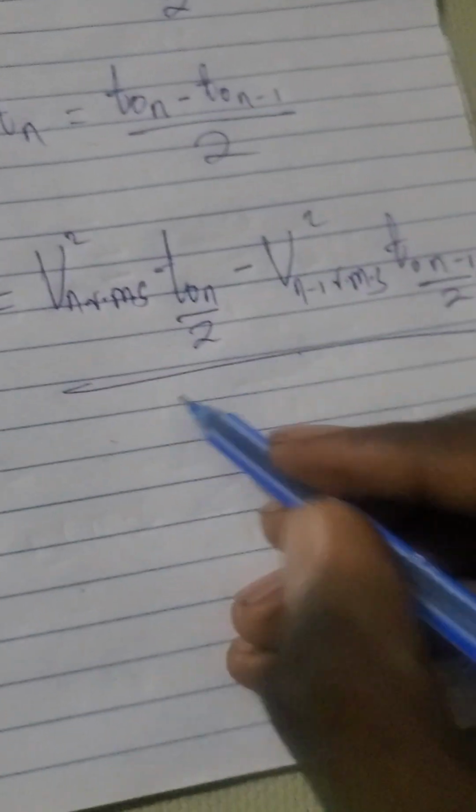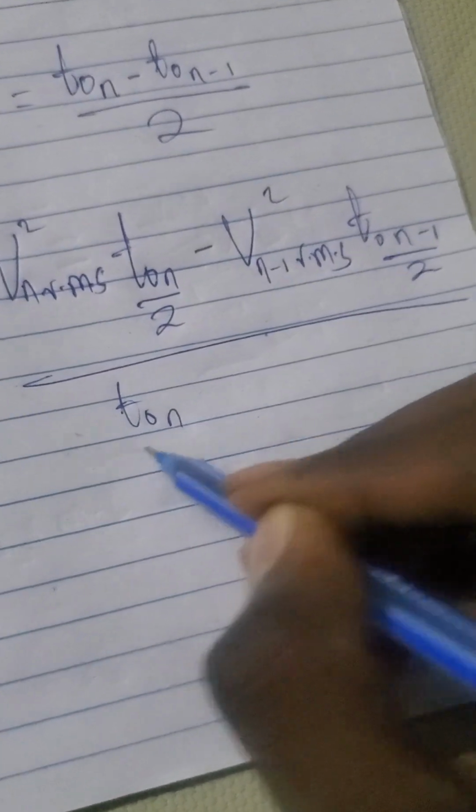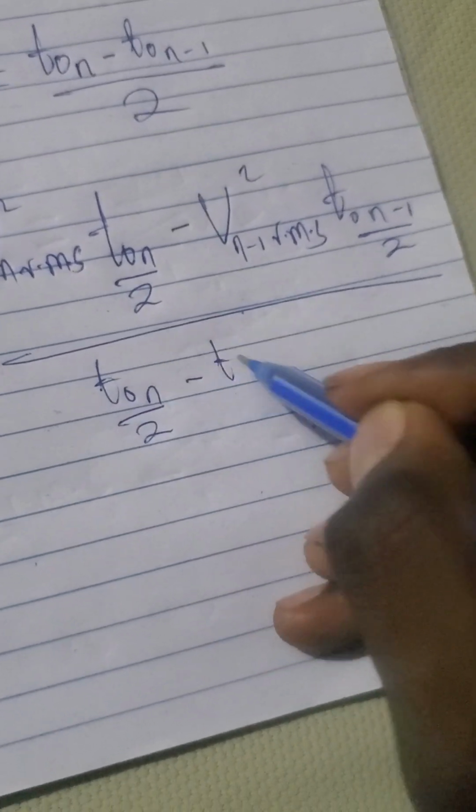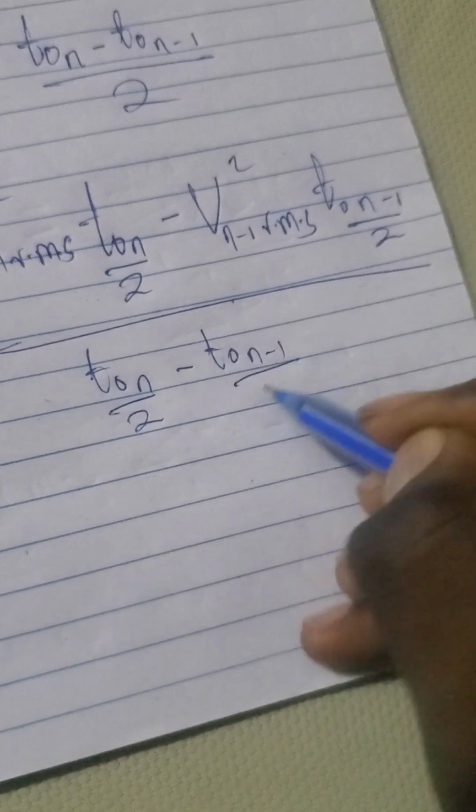Then you divide by this term, substituting the value of this term, which is t naught n over 2 minus t naught n minus 1 over 2.